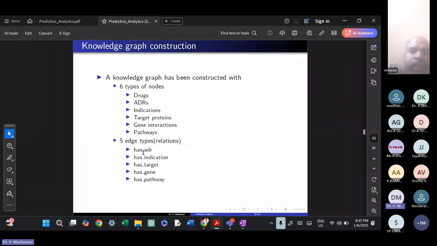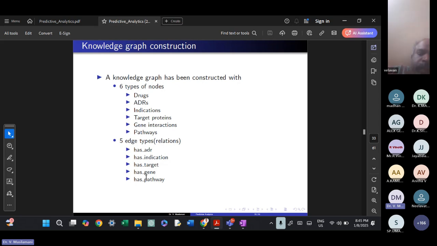Has ADR is an edge which is connecting drug and ADR. Has indication is an edge which is connecting drug and indication. What do you mean by indication here? A doctor would have given the drug because of some indication or symptom, right? That is what indication means. And has target: if the drug has a target at a particular area in the body, then there's a match between the drug and the target name.